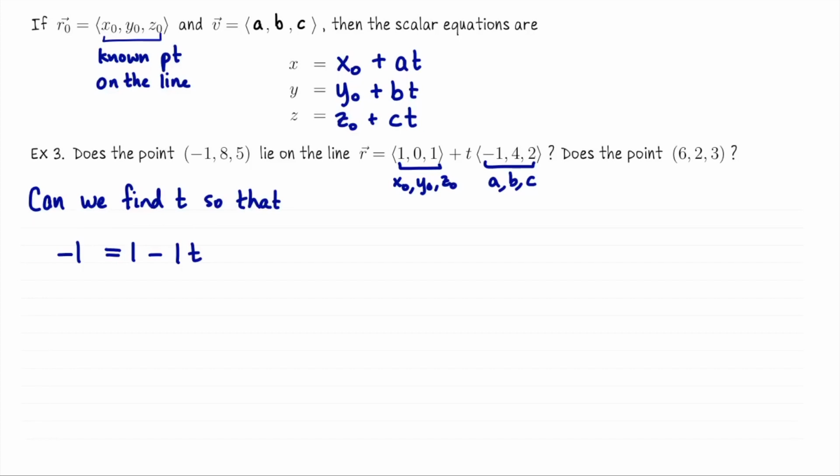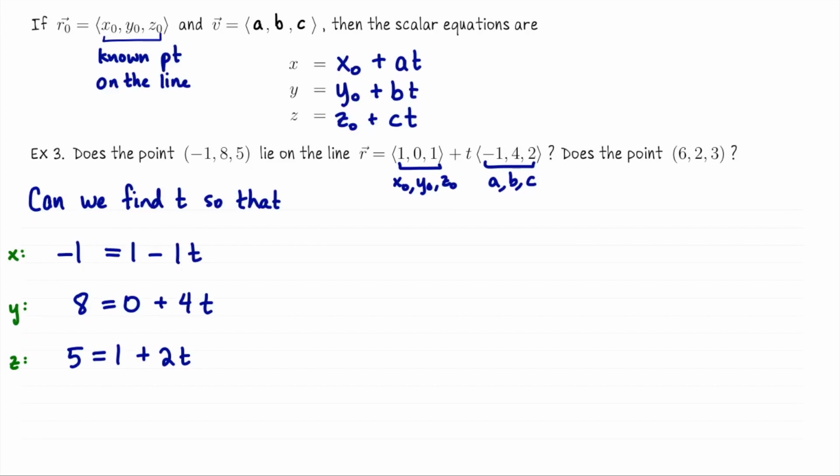So our x equation is -1 equals 1 minus t. Can that be true at the same time as the equation 8 equals 0 plus 4t? And also at the same time, can it be true that 5 equals 1 plus 2t? So here this is x, this is y, and this is z. If the point -1, 8, 5 lies on this line, then all three equations must simultaneously be true for the same value of t.